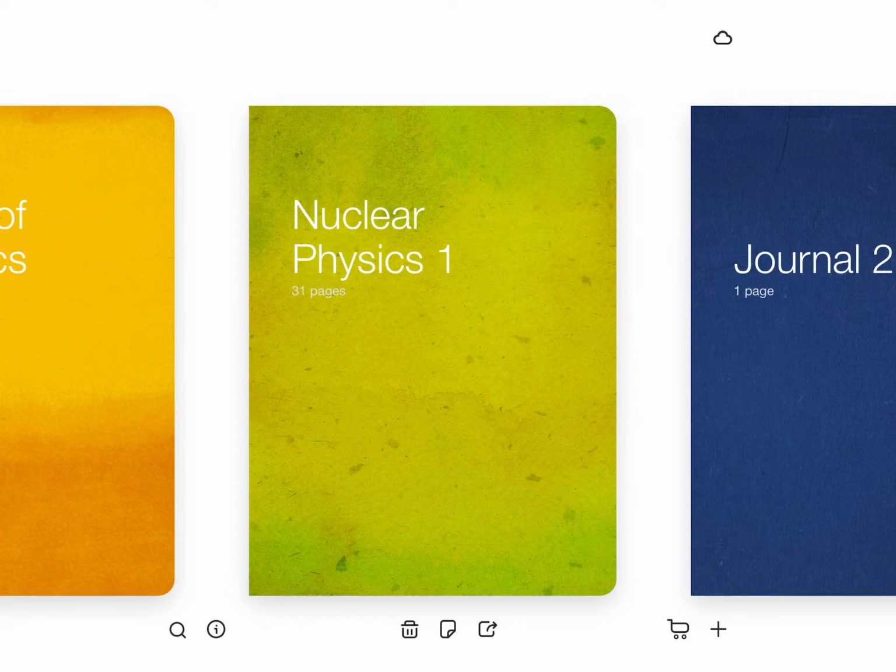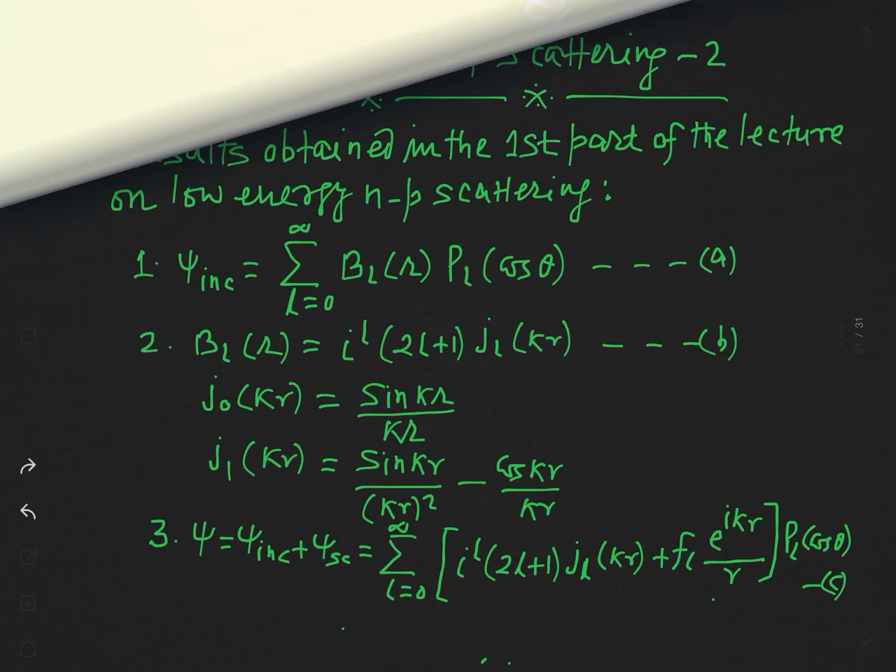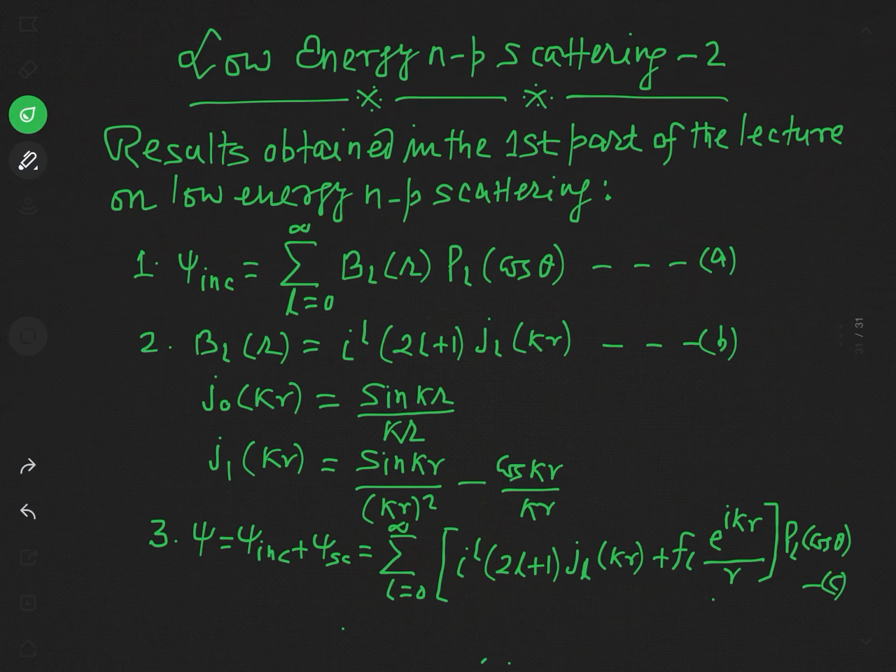And we will see that in the low energy scattering, this S wave is predominant, and so definitely we will focus our attention on the S wave only. So in this second part of the lecture on NP scattering at low energy, first of all we are going to discuss why we consider the S wave scattering mainly when we consider the scattering at low energy.